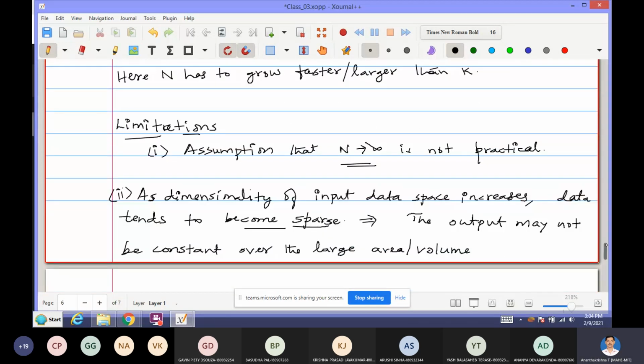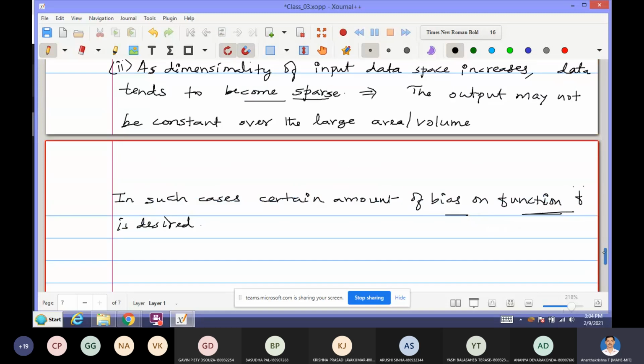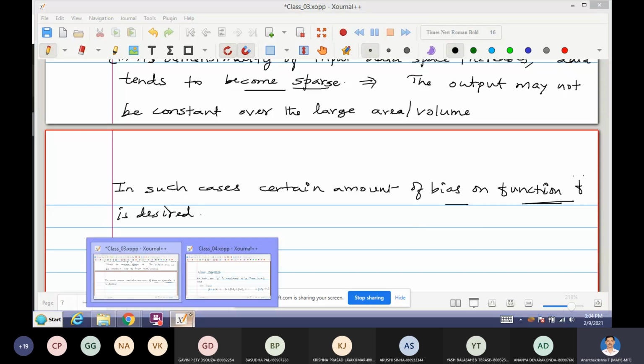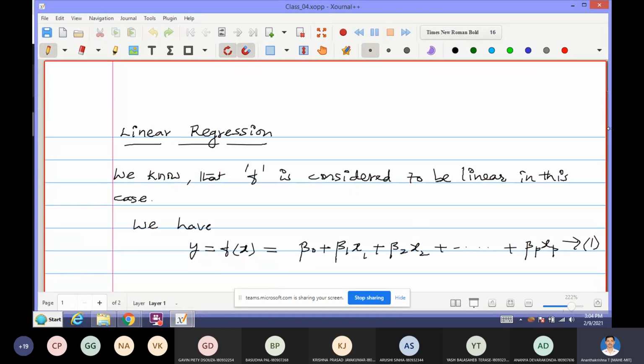So this is about the overall statistical theory that we have discussed under regression, and we will consider the particular case of linear regression next. I will discuss that in the next class.